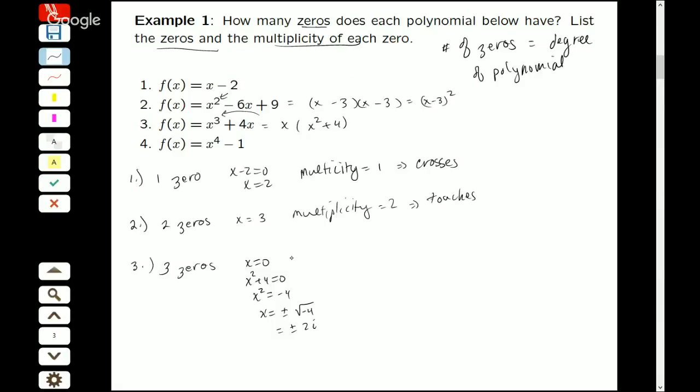So what is the multiplicity for this first zero? What is the power on the x term? 1, so the multiplicity is 1. That means it is going to cross. We don't care about the multiplicity or the behavior of the imaginary numbers because that is not part of our graph, so don't do multiplicity here.